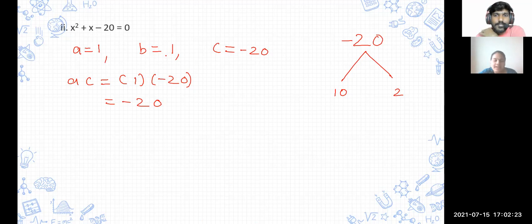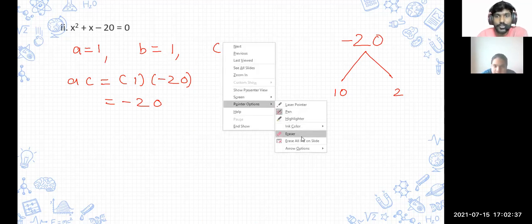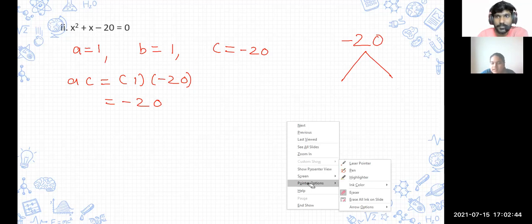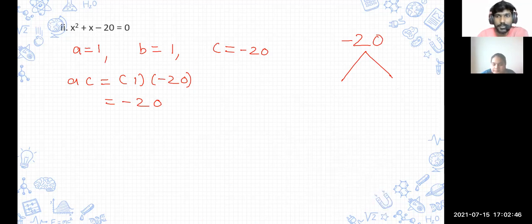I'll give you a hint: 5 times table. 5 4s are 20. And if you subtract 5 and 4, you'll get 1. So you know what numbers to take now.